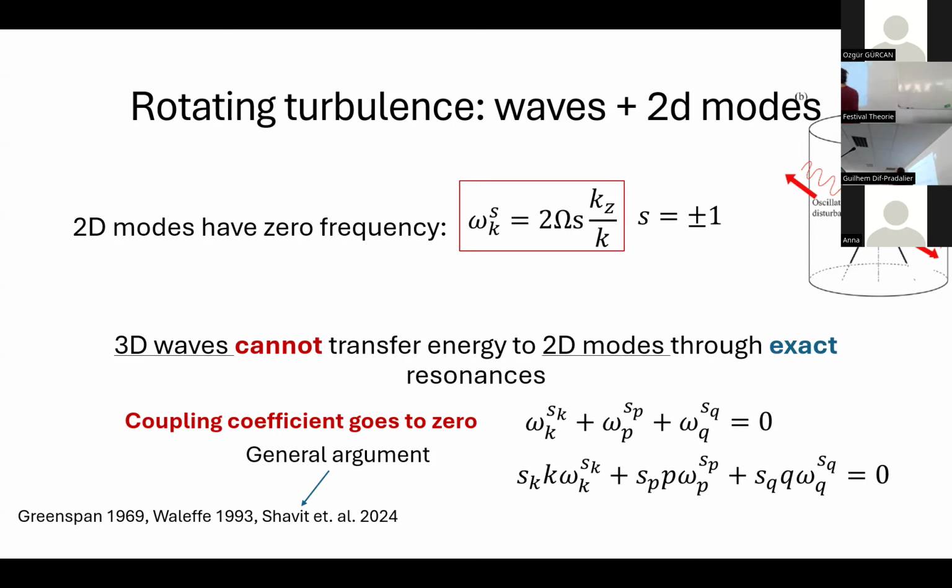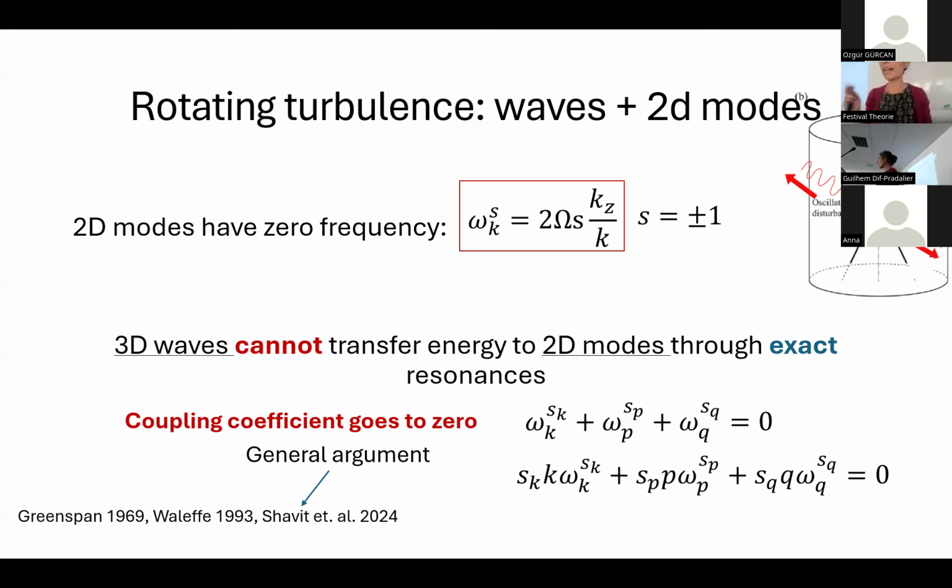And there's a nice general argument that shows you that whenever you have two conserved quantities and these frequencies, it basically comes from the fact that the transfer coefficients are proportional to the frequency. So if this frequency is zero, this transfer coefficient also has to be zero.